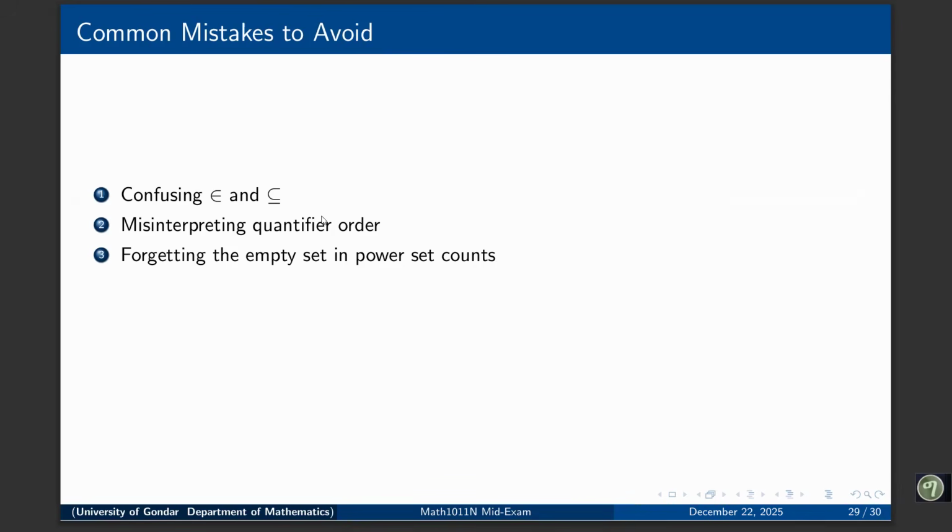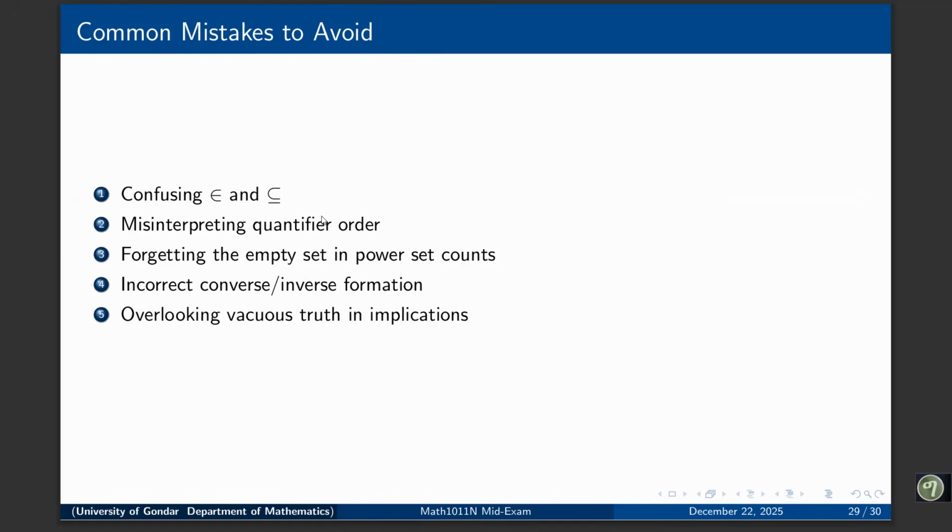The empty set is a subset of any set, so the empty set must also be an element of the power set of any set. Incorrect converse, inverse formation. For a given logical implication, we have an inverse, a converse and a contrapositive, so we have to avoid this incorrectness. Overlooking vacuous truths in logical implications.